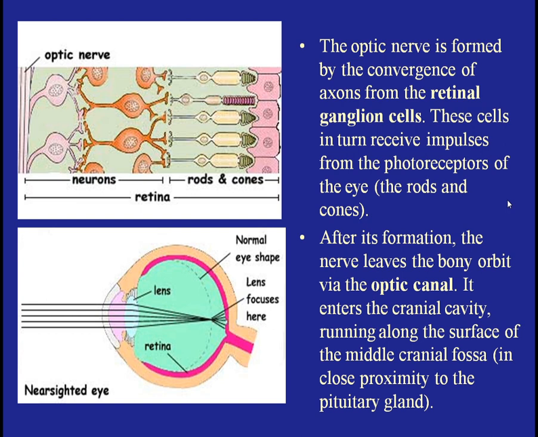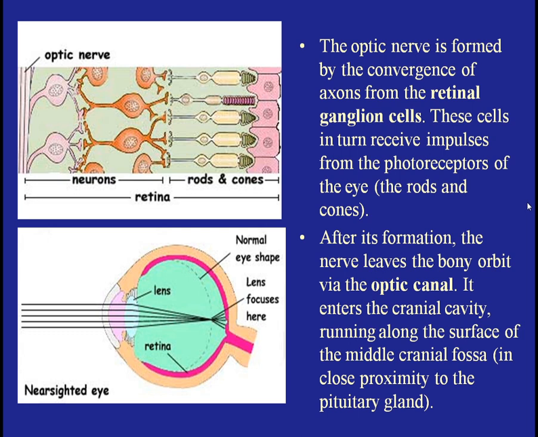These cells in turn receive impulses from the photoreceptors of the eye, rods and cones. So rods and cones receive information, these are photoreceptors, then bipolar cells and ganglion cells, and the axons of these cells form the optic nerve.